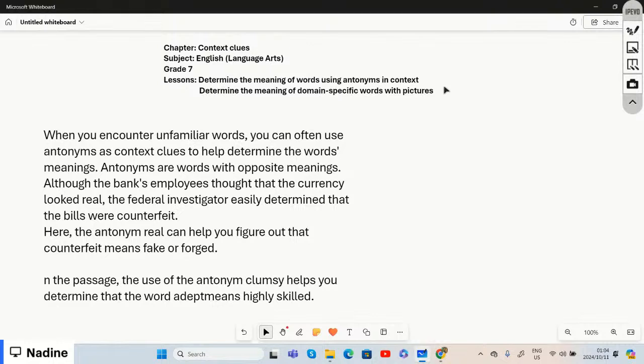And the lessons that we are going to be focusing on under the chapter of context clues are to determine the meaning of words using antonyms in context and to determine the meaning of domain specific words with pictures.